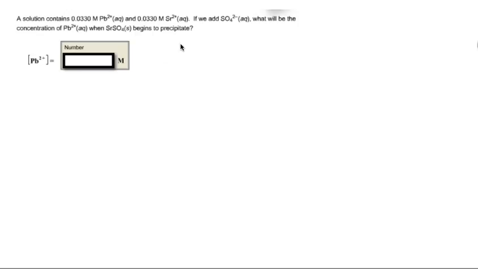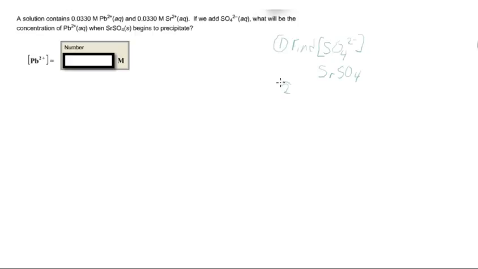So this is a two-step problem. Step one is we need to find the concentration of sulfate that will precipitate the strontium sulfate.